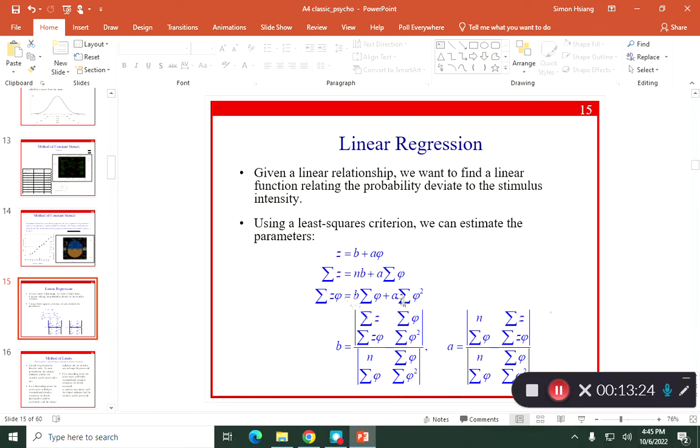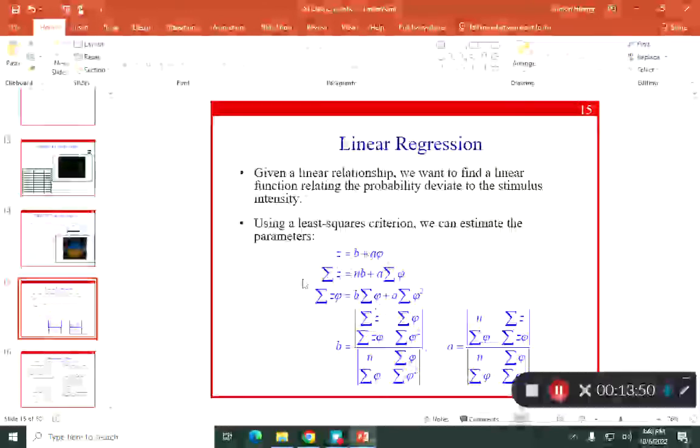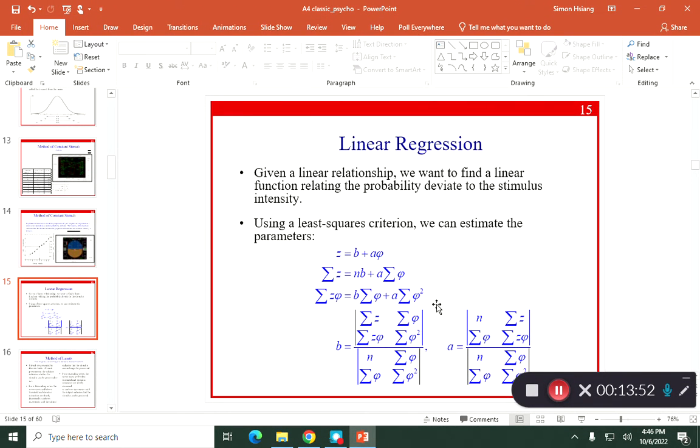Next, the interactive part. So everything times phi. So z times phi becomes summation z phi, and the b term becomes summation phi, because now I have b times a bunch of phi. And then phi again, phi times phi becomes summation phi square. So this linear regression, if you use the sum of square error term, you will end up with two simultaneous equations.